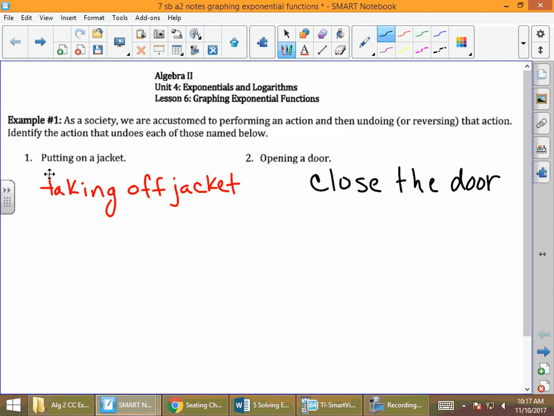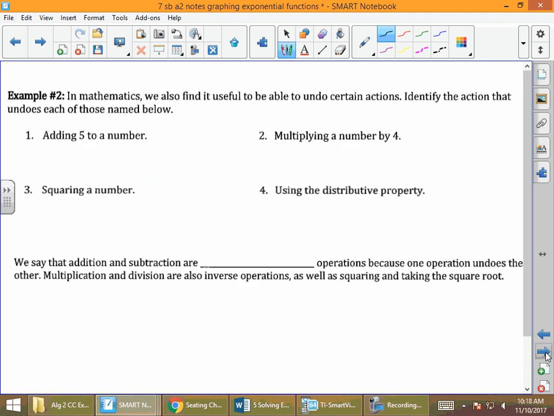And we actually have that same idea in math. In math, we also find it useful to be able to undo certain actions, like adding 5 to a number. Well, what's the undoing or reversing of adding 5 to a number? Subtracting. Subtract 5.